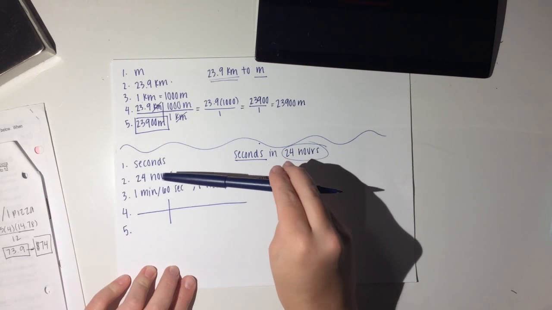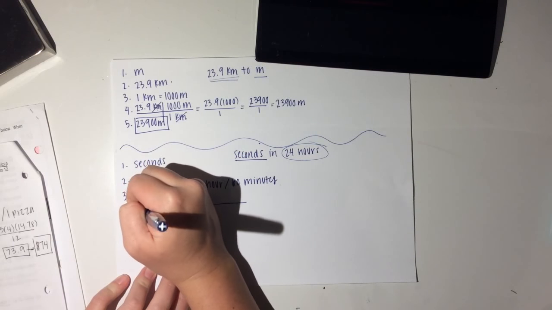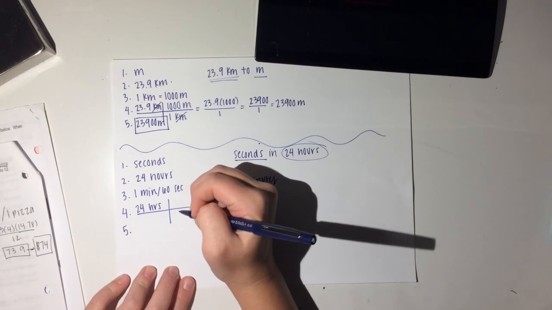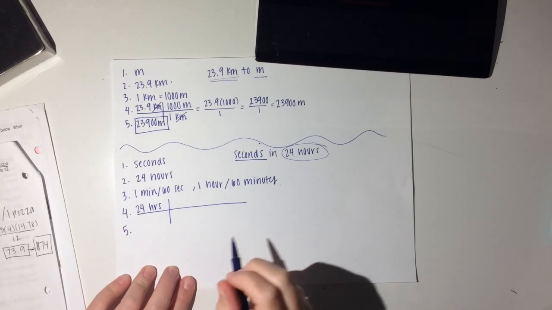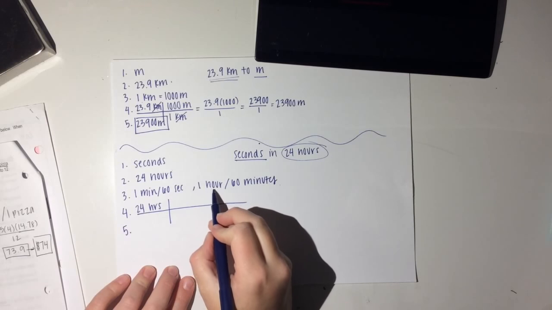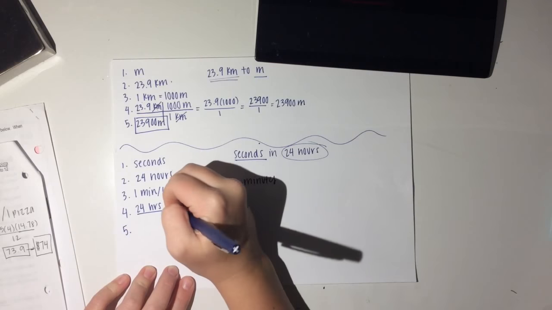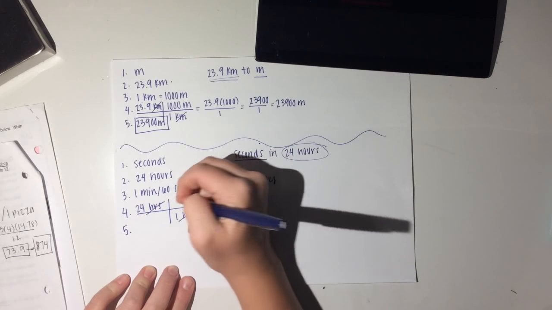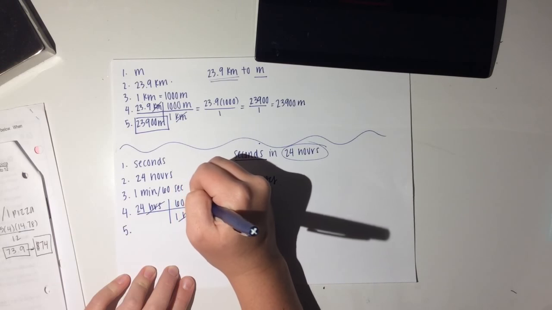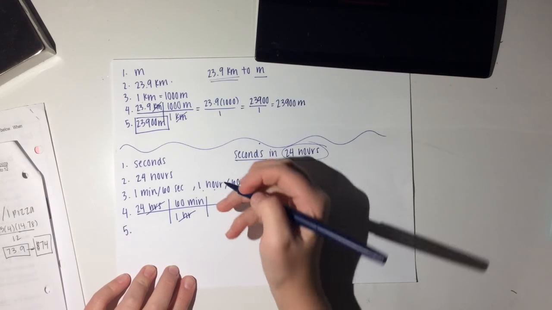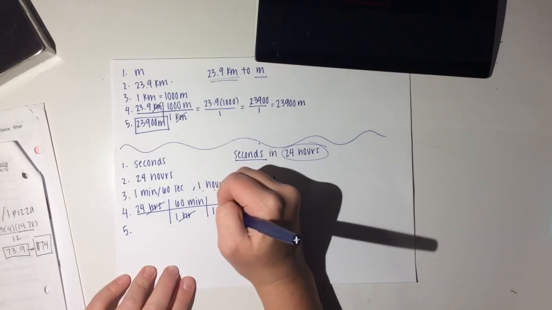So we always start with our given, 24 hours. And then, what we need to write next is 60 minutes, which is equal to 1 hour. So we're going to write this down here. And then those cancel out. So now we can write 60 minutes up top. Now we have to cancel out the minutes, so we write 1 minute.